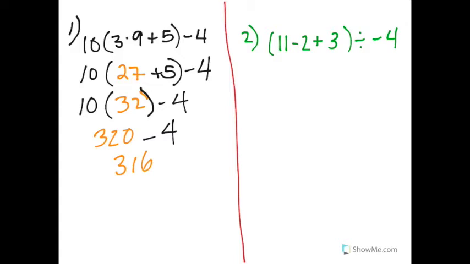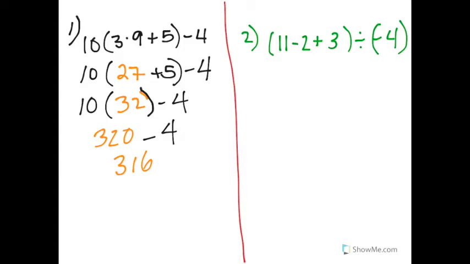So we look to number 2. We have the quantity 11 minus 2 plus 3 divided by negative 4. And there should be parentheses around that negative 4. So we look inside the parentheses and we see that we have subtraction and addition inside the parentheses. So we have to do it in the order that it appears.